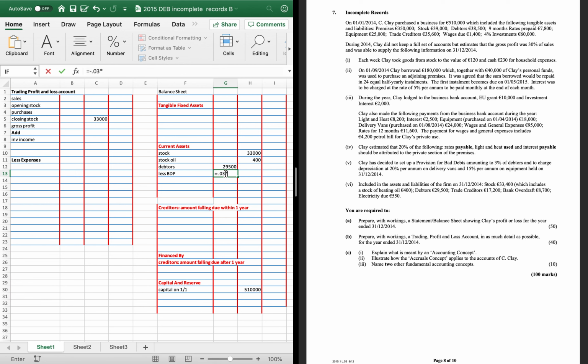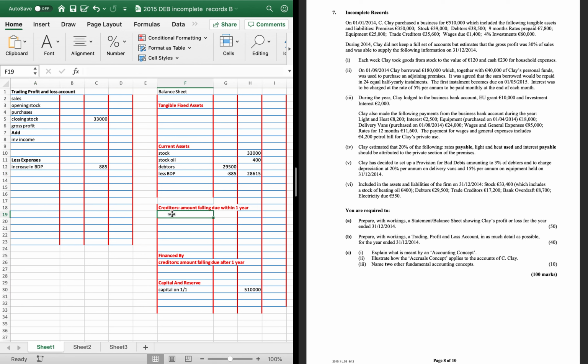So 3% of the 29.5 is minus 885. So that is debtors of 28,615. Straight away, that's an increase in bad debt provision. So that's out of the way now. That's been dealt with. So 885 has gone in. Okay, so we don't have to worry about that anymore.